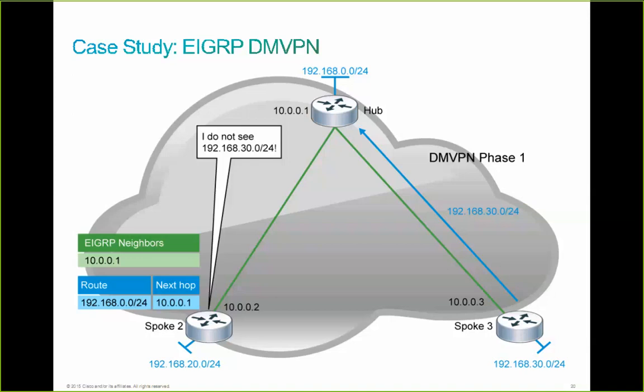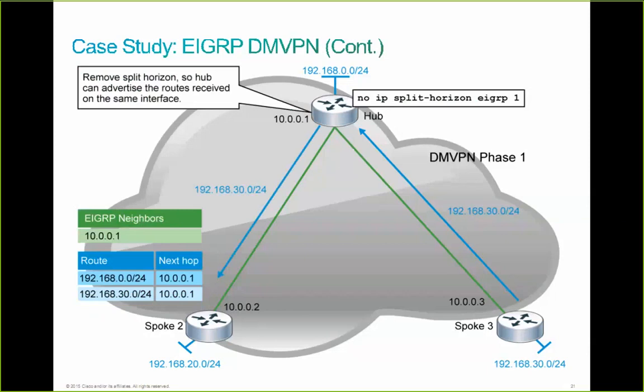Now, to solve that problem, because we're terminating our DMVPN endpoints on this multi-point GRE tunnel interface, it is a single interface on the hub router side, and because EIGRP is a distance vector routing protocol, it's going to obey the split horizon rule by default.